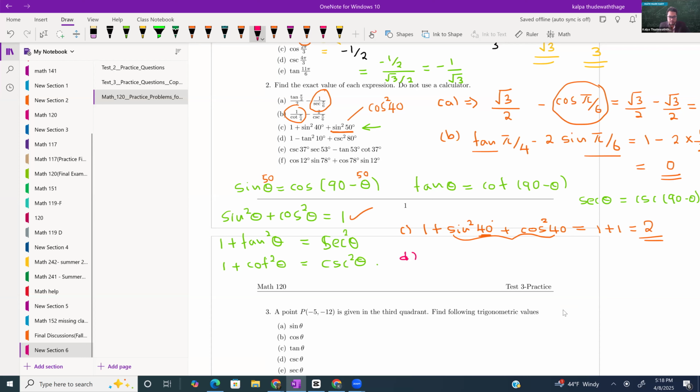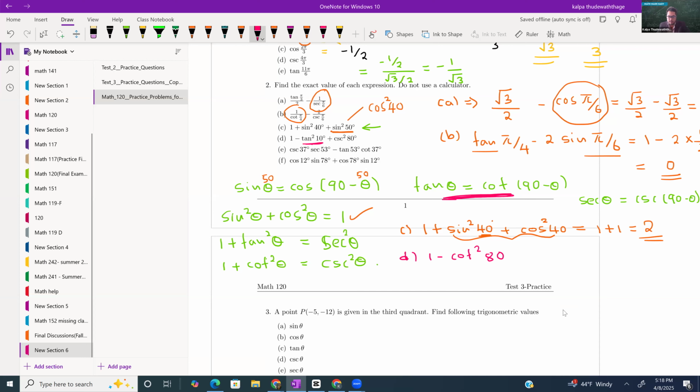Part D. I can change tan square 10 here. Tan and cotangent are cofunctions. So I'm going to change tan square 10 to cotangent square 80, because I can change 10 degrees to 80. And when I change it, I change tan to cotangent.